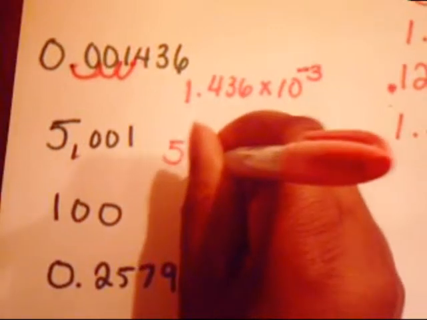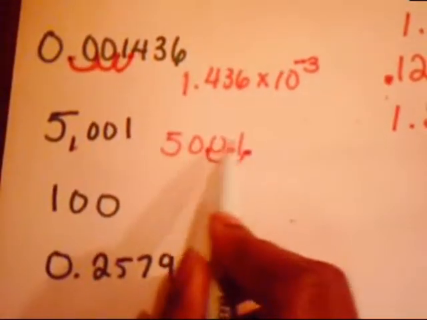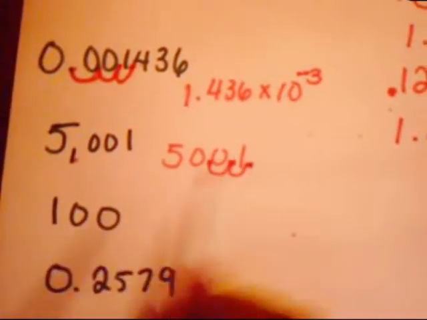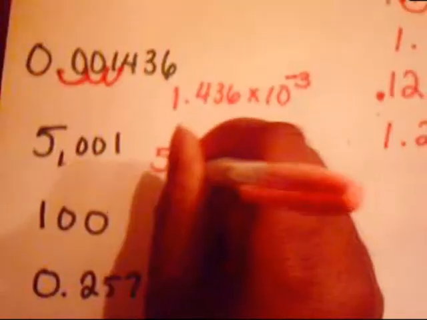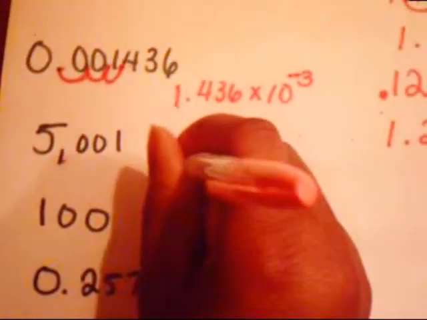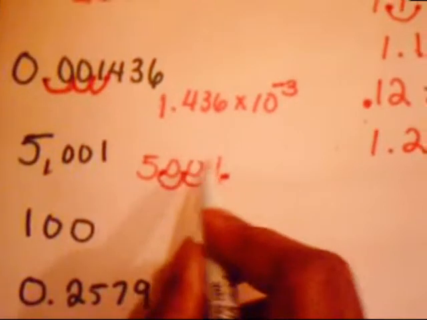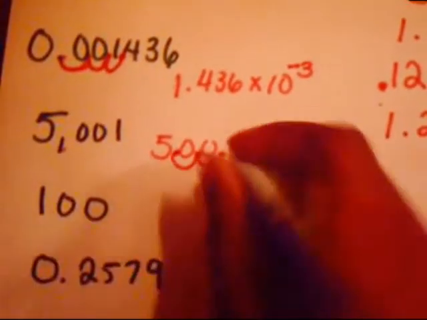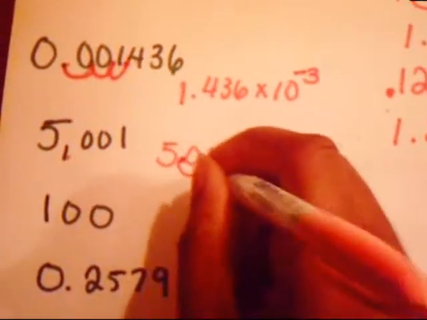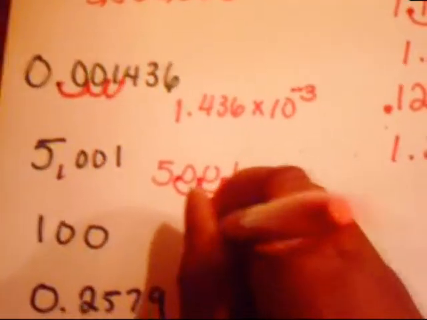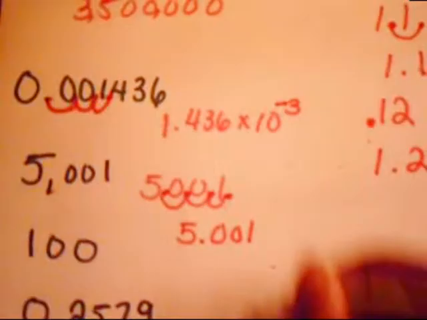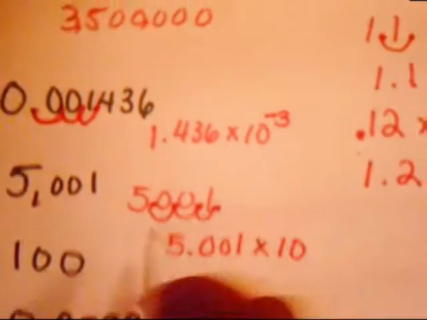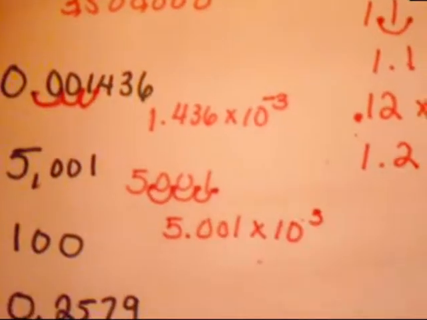If I move it here, it would read 50.01, which is greater than 10. But if I move it here, it reads 5.001. That's less than 10, so it meets the criteria. So your number should be 5.001 times 10 to the third power.